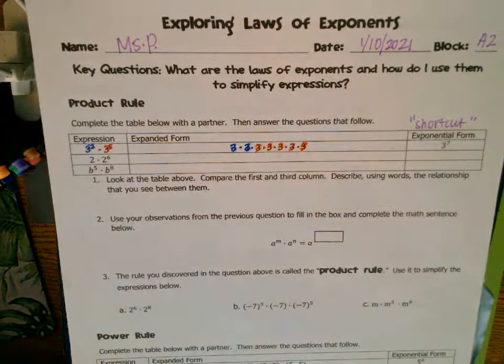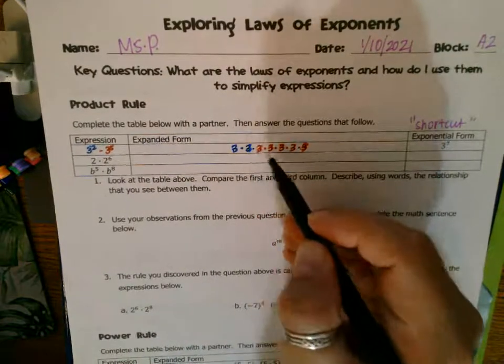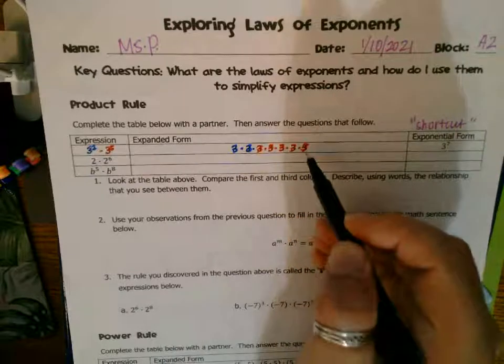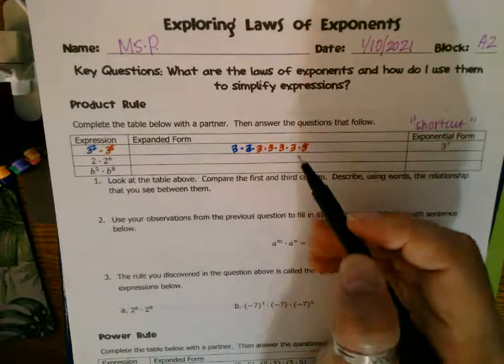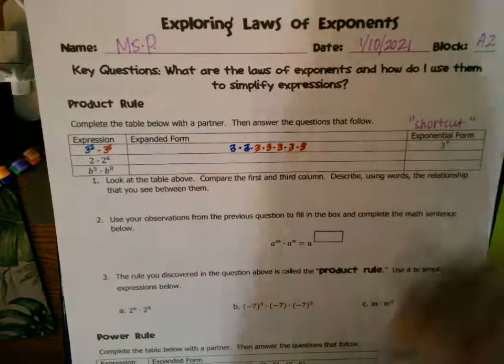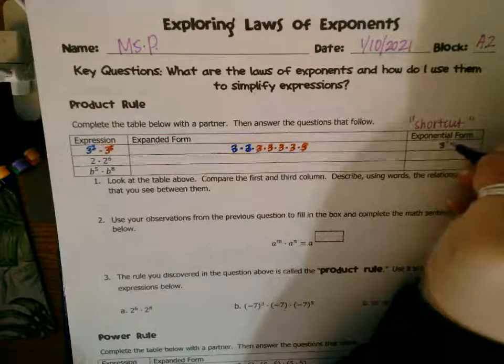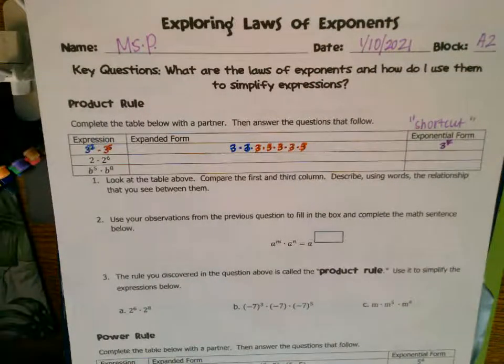And our exponential form would be the shortcut or the shorthand, right? So I have 1, 2, 3, 4, 5, 6, 7 times that I have multiplied 3. So a way that I could represent multiplying the number 3 by itself 7 times would be 3 to the 7th power. So that's what we mean by exponential form.